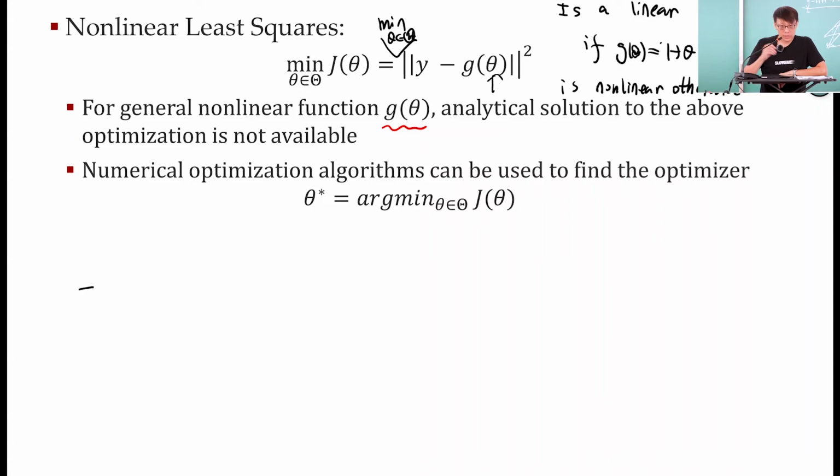SciPy has an optimize module you can use to find the optimal solution. Of course, we are not trying to teach you how to program an optimization algorithm, but there are so many packages you can use, which will be much better than your own coding. That's nonlinear least square.